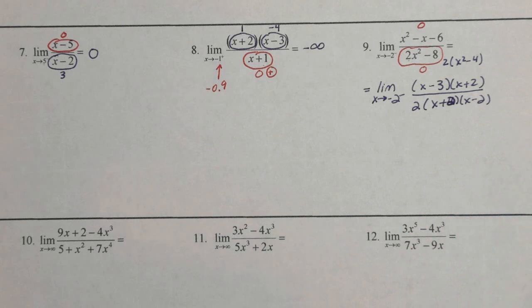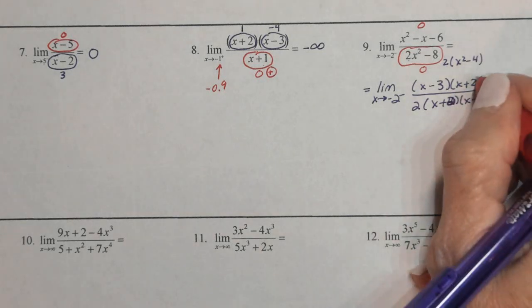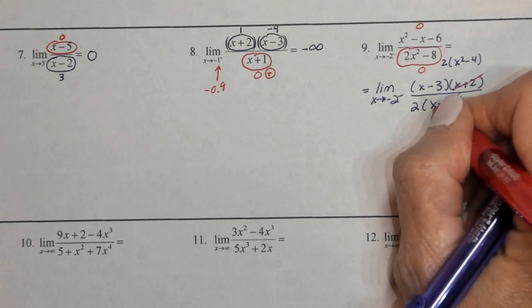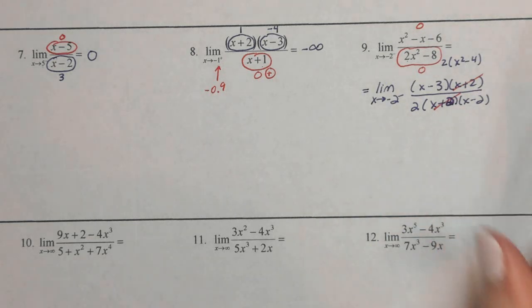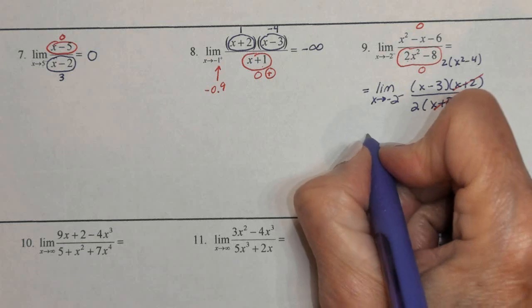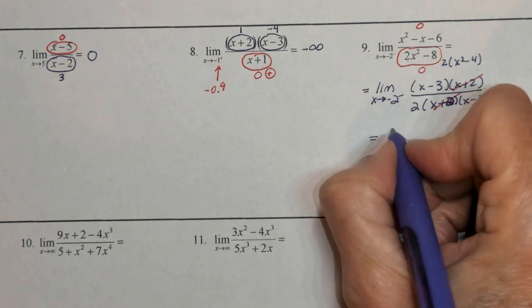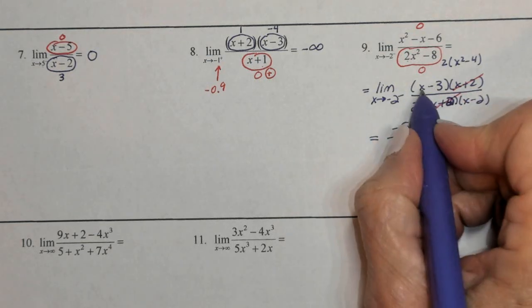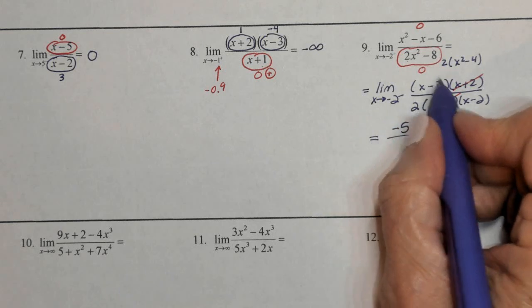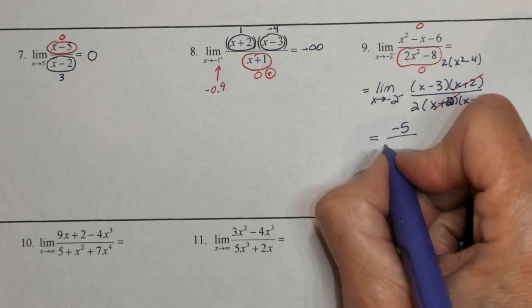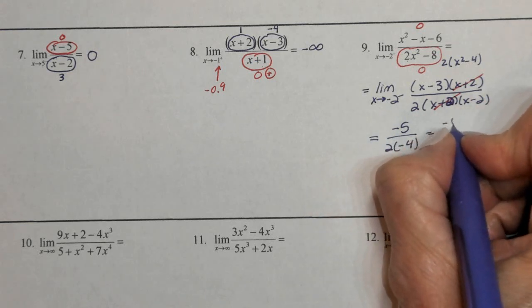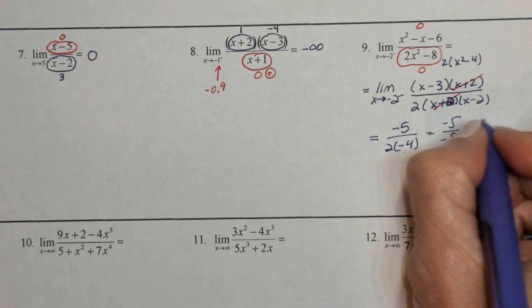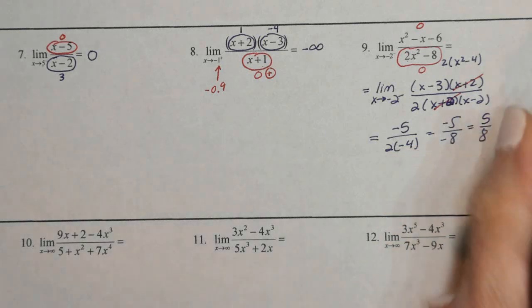Difference of squares there. The x plus 2's reduce out because x is not equal to negative 2, so we can reduce those out. They reduce to a 1. I put negative 2 into my remaining x's just like I did in our last section. Negative 5 up on top, 2 times a negative 4 on the bottom. That's a negative 5 over a negative 8, or 5 over 8.